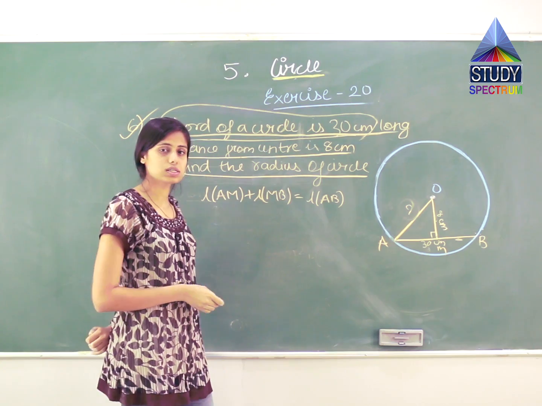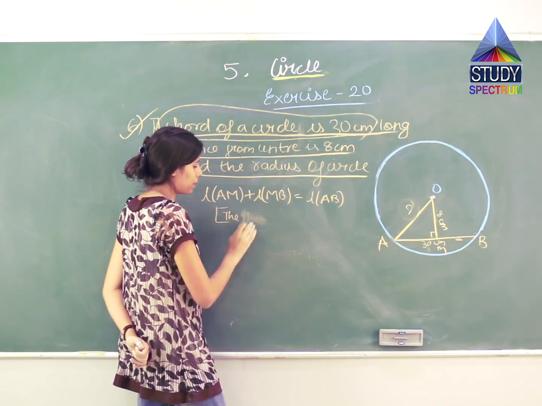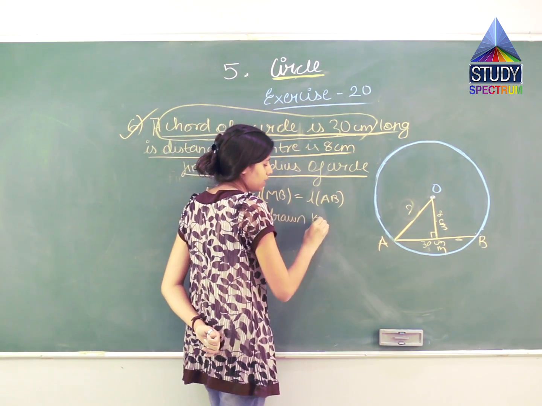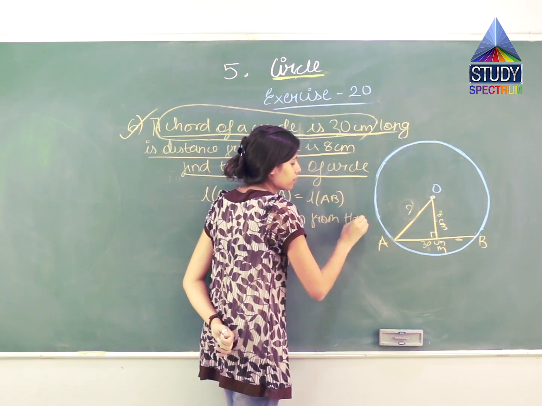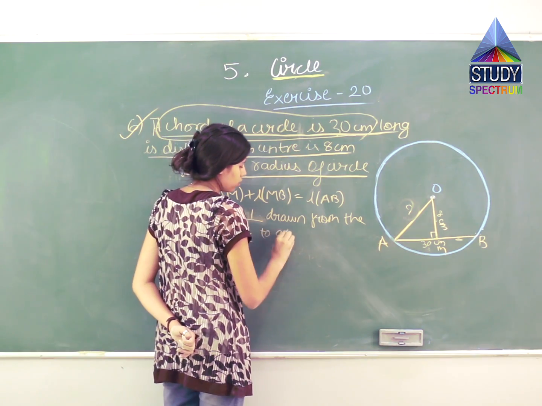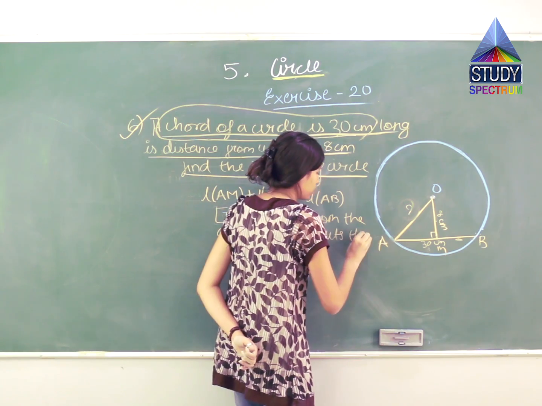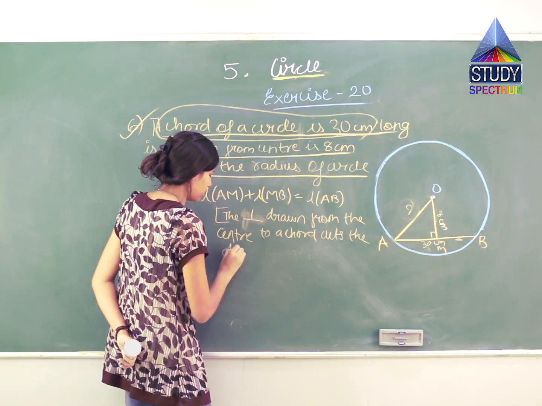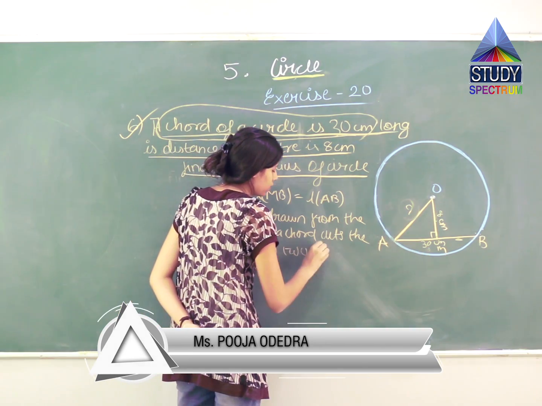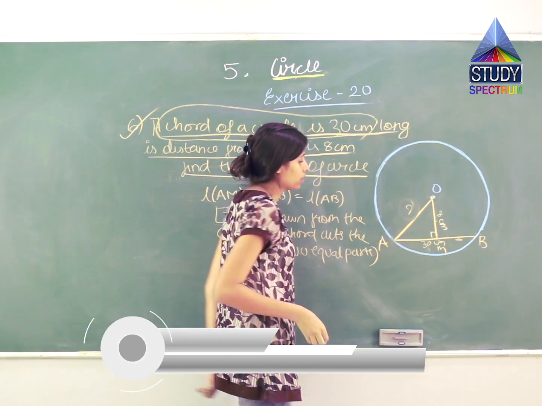What will be the reason of this? The perpendicular drawn from the center to a chord cuts the chord into two equal parts, which means what?